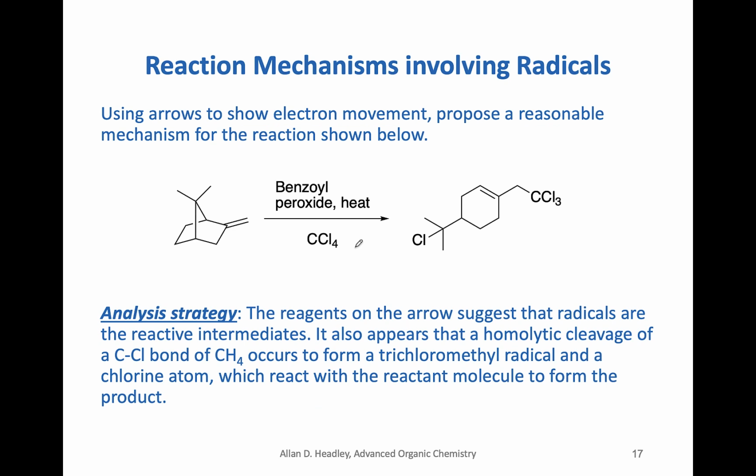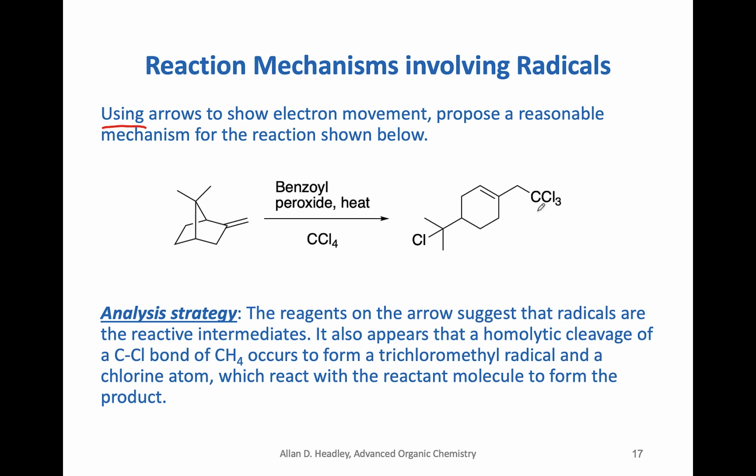Let's look at another one. Same wording: using arrows to indicate electron movement, propose a reasonable mechanism for the reaction shown below. Same strategy I would suggest. Analyze what's here. You can see here benzoyl peroxide and heat, definitely radicals. So in my mechanism, I would definitely propose radicals as intermediates.